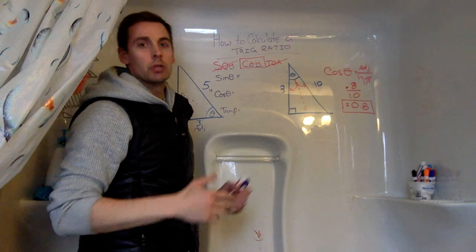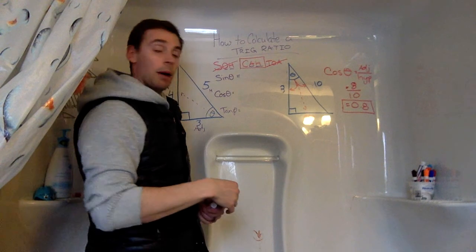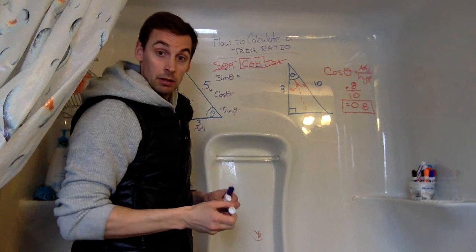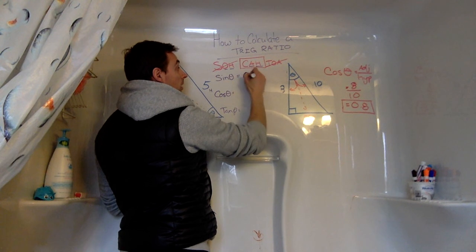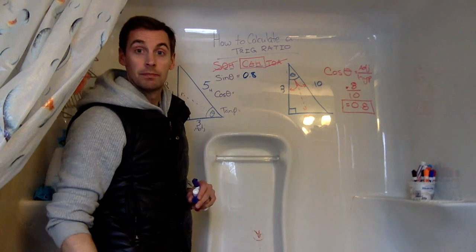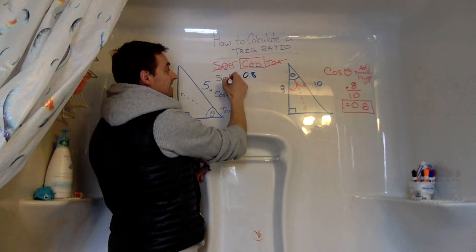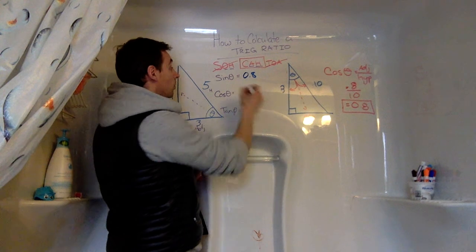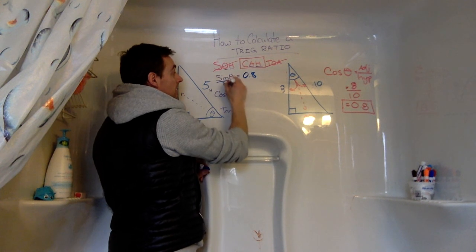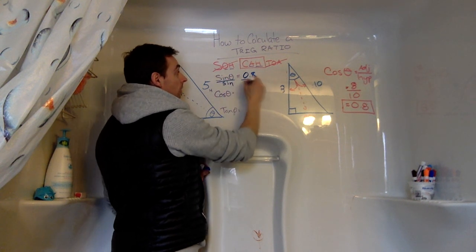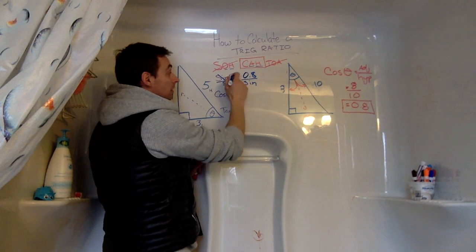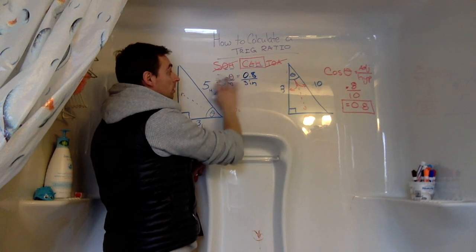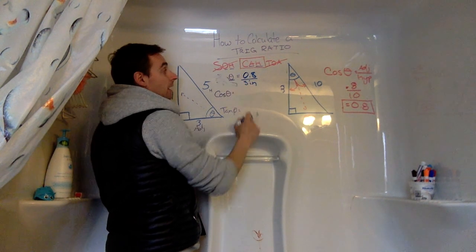Now, I don't have a calculator, so I won't be doing the full process, but I'll fill in the gaps where we can. So sine theta, we figured out, was 0.8. We need to get theta by itself, so we're going to divide by sine, which means these will cancel out, and I'll be left with theta equals 0.8 divided by sine.